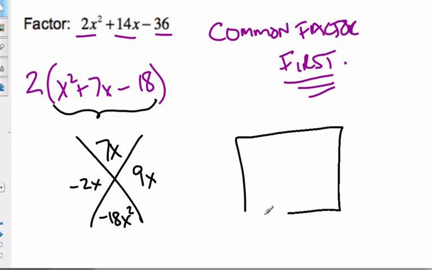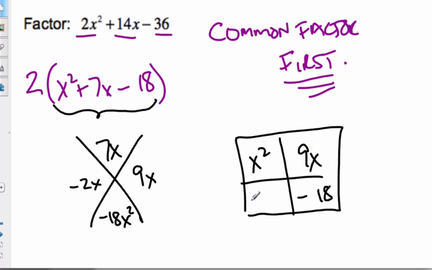Converting this then to the box, I know it gets x squared. And the 2 I just keep to the very end. I just keep it tucked away up there and I deal with the inside of the parentheses. This is the negative 18, a 9x and a negative 2x. And so common factors here, I get x, I get a plus 9, x, and here I get the negative 2.